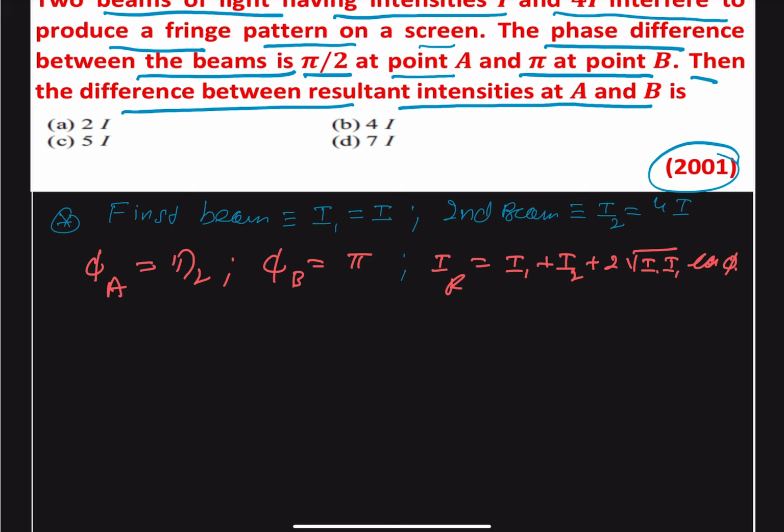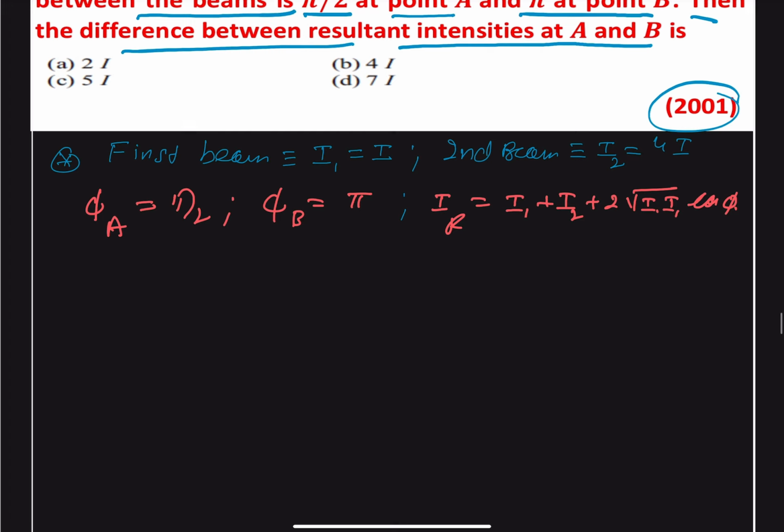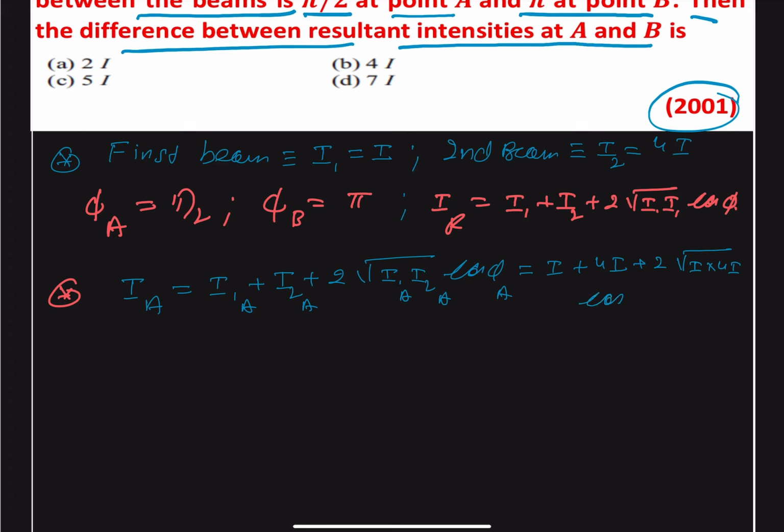We can divide this into two, first for A and then for B. For A, IA is equal to I1 plus I2 plus 2 square root of I1 I2 cos of phi A. We substitute the values: I plus 4I, plus 2 square root of I multiplied by 4I, and cos of phi A, which is pi by 2.